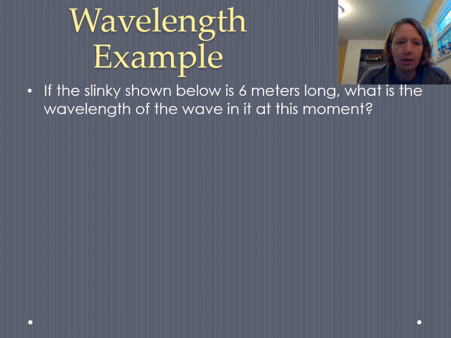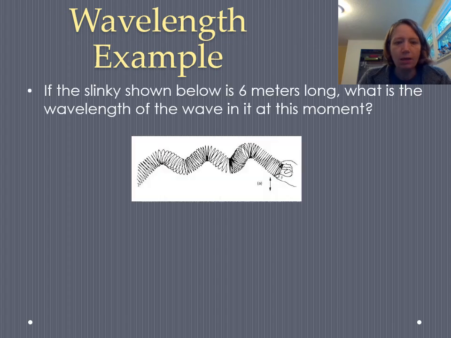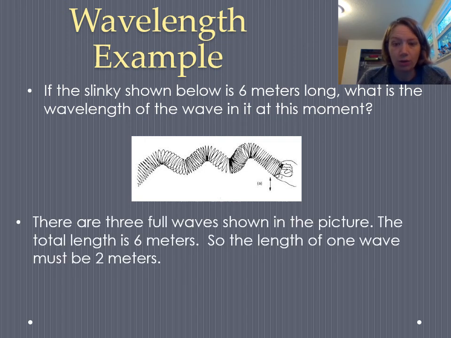Here's a quick example of a wavelength problem. So if the slinky shown below is 6 meters long, what is the wavelength of the wave in it at the moment shown in the photograph? So this wave has 1, 2, 3 full cycles, so each of these chunks, right?